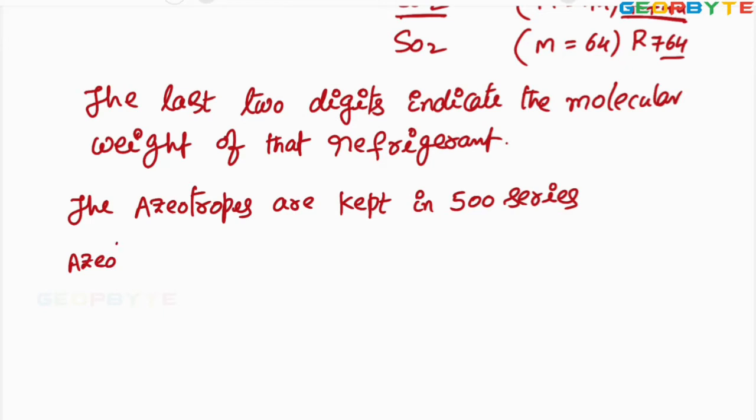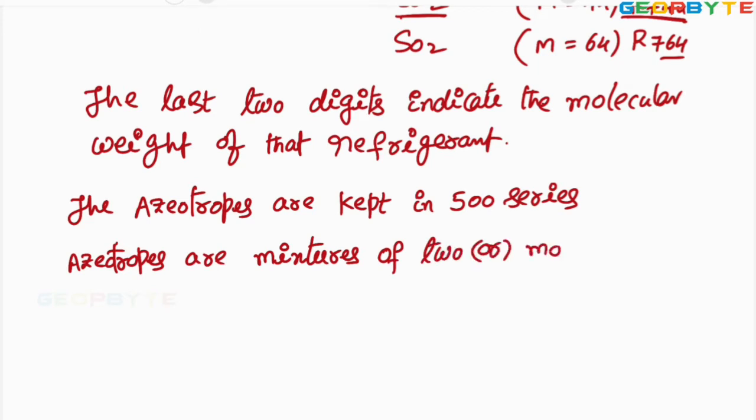Azeotropes are mixtures of two or more halocarbons.